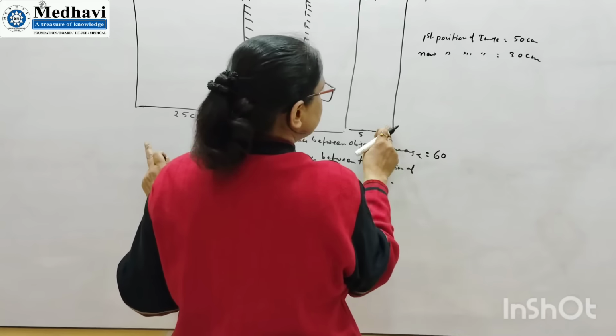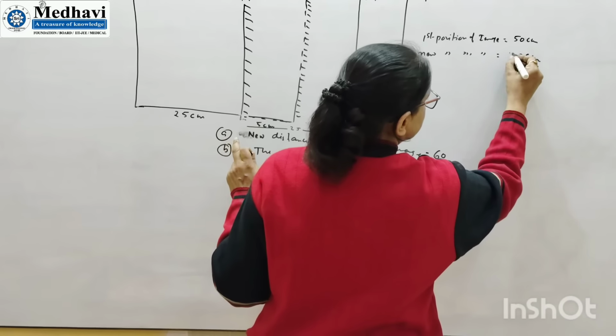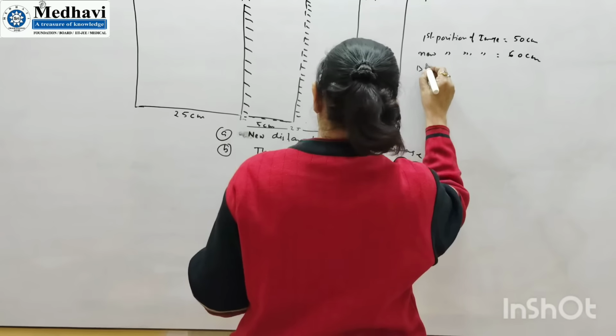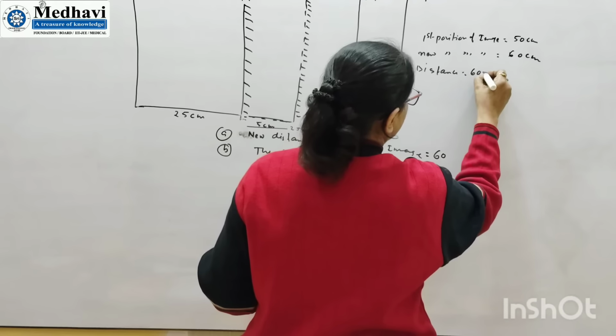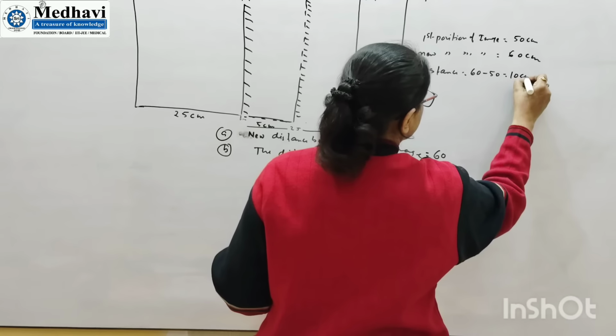And the new position of the image from the object is 60. So the distance between two positions is 60 minus 50. It is 10 centimeter.